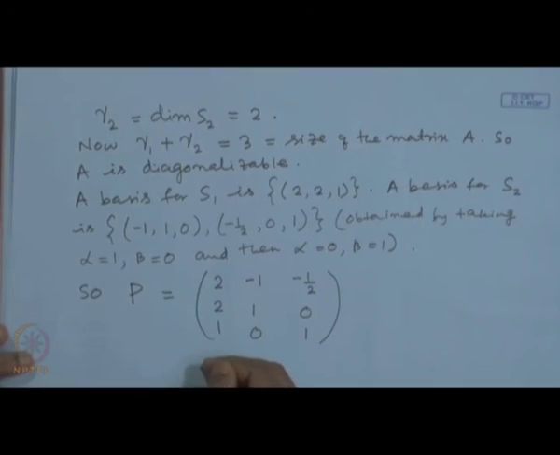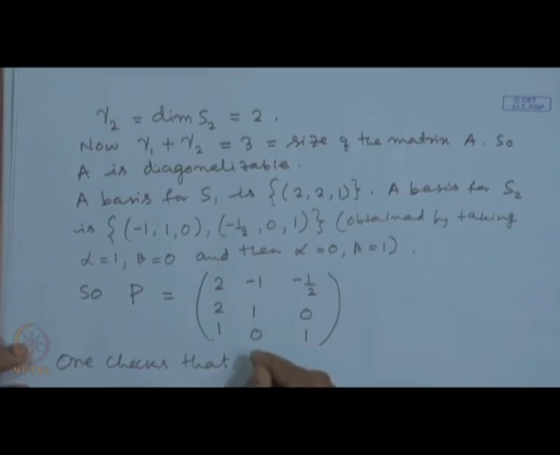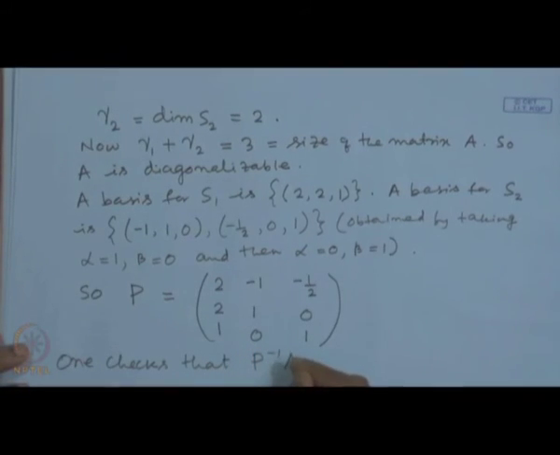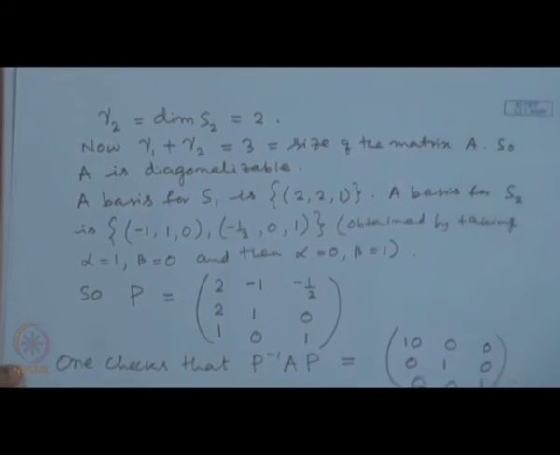Now one checks that P inverse A P is the diagonal matrix 10, 0, 0, 0, 1, 0, 0, 0, 1. This is how we find the matrix P to diagonalize the given matrix A.